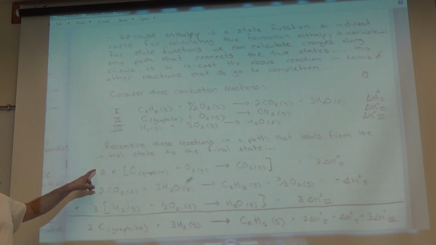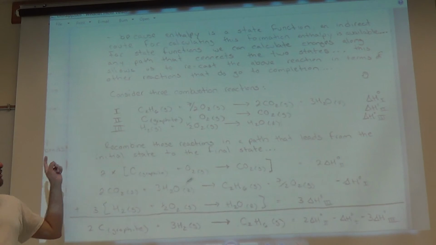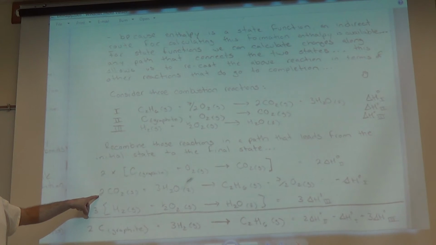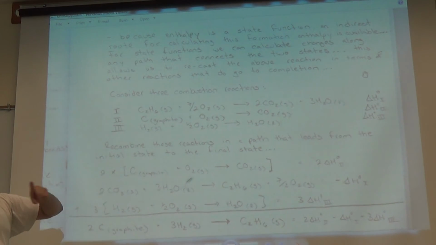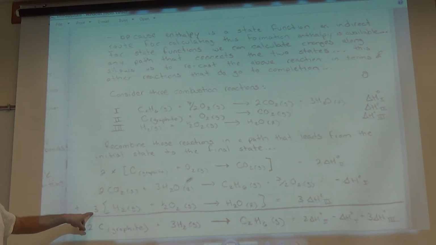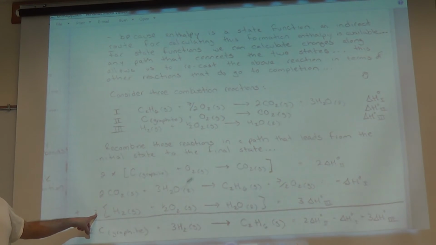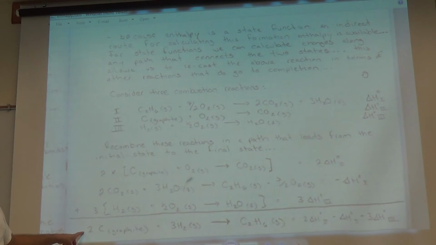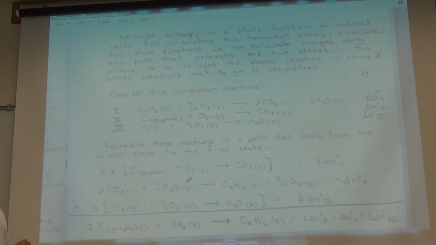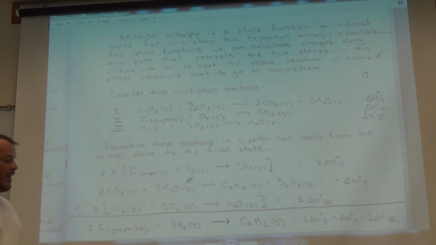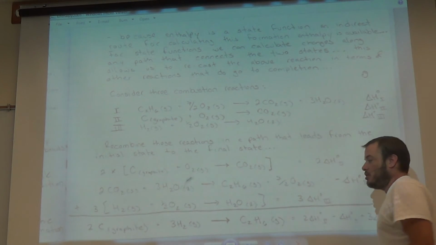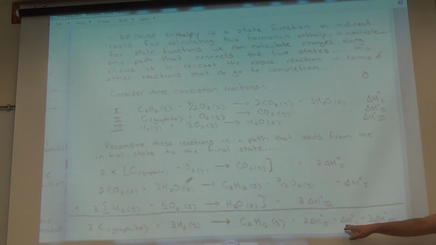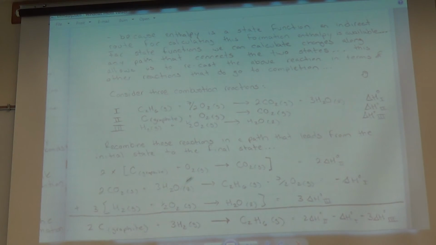So if we take reaction number 2, write it in the forward direction 2 times, and then take reaction number 1 and write it in the reverse direction, assign a negative to the delta H of 1, and then take 3 times reaction number 3 in the forward direction, and then sum those together, you'll notice that the net is our reaction of interest, formation of ethane, and the total delta H of this reaction is just going to be 2 times the delta H of reaction 2 minus 1 times the delta H of reaction 1 plus 3 times the delta H of reaction 3.